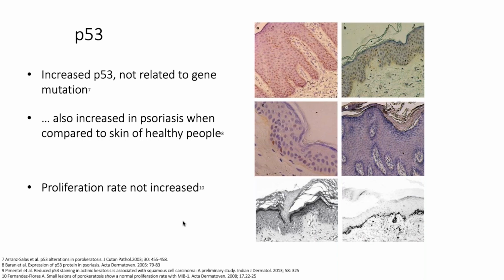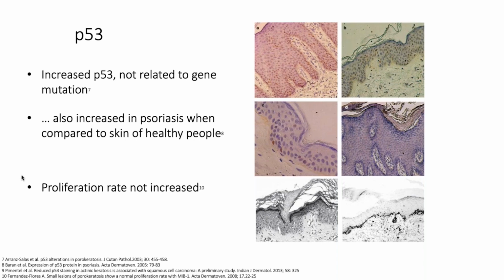The tumor suppressor protein P53 is known to be increased in malignant diseases, and indeed in porokeratosis it is also increased. However, this increase of protein is not related to a gene mutation, which is often seen in malignant diseases. Moreover, P53 is also increased in inflammatory diseases such as psoriasis when compared to healthy skin.